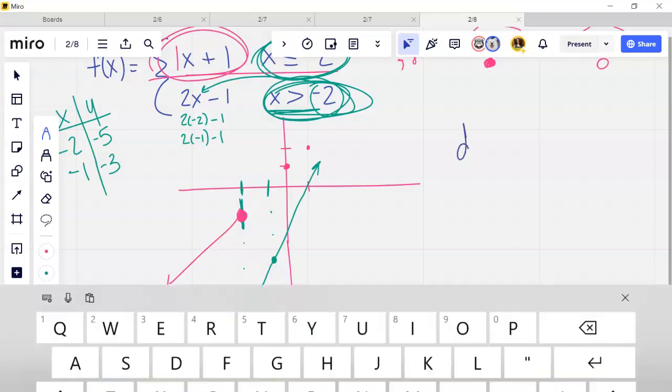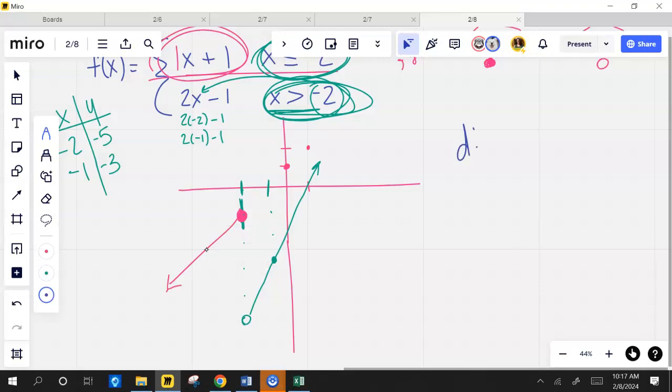What is the domain here? You have to look at them overall as a whole. So left to right, what's the furthest left it goes? -infinity. As I move to the right, okay, so here's how I do this.